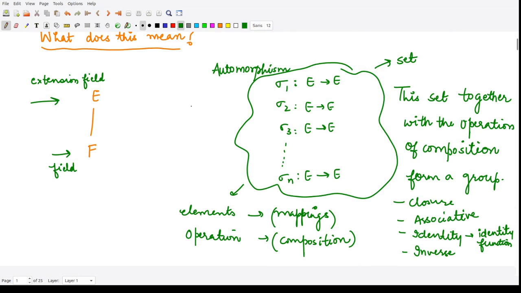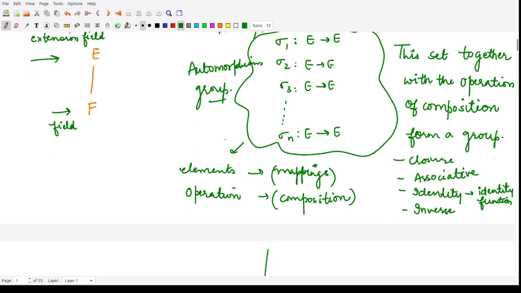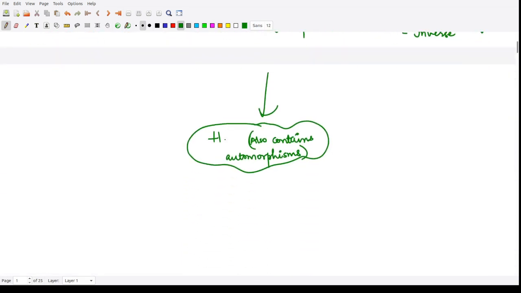This is the automorphism group. So we are taking a subset for this one, and we are calling this to be the subgroup of the group G(E/F), the group of automorphisms of E. Okay, so this is one thing.